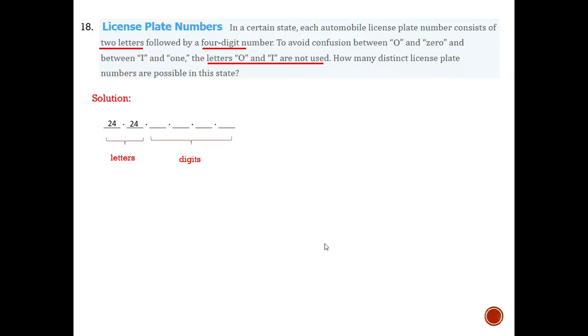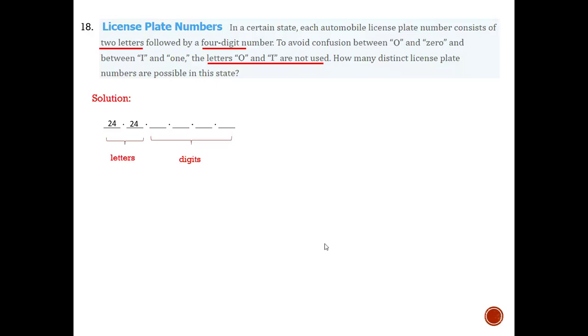So we have 24 letters to pick from each time, so 24 times 24. If you recall by the counting principle, we're going to list out all the possibilities for each of these options, and then we multiply them. So how many ways can we pick the letters? 24 options. There's another letter, there's another 24 options, so we multiply. But then we also want 4 digits, okay?